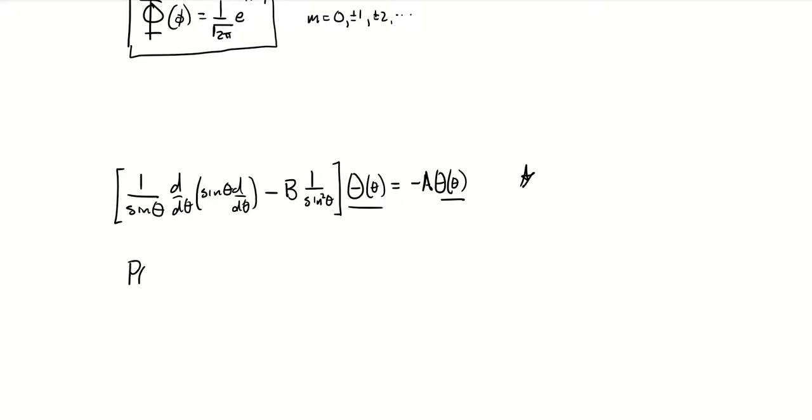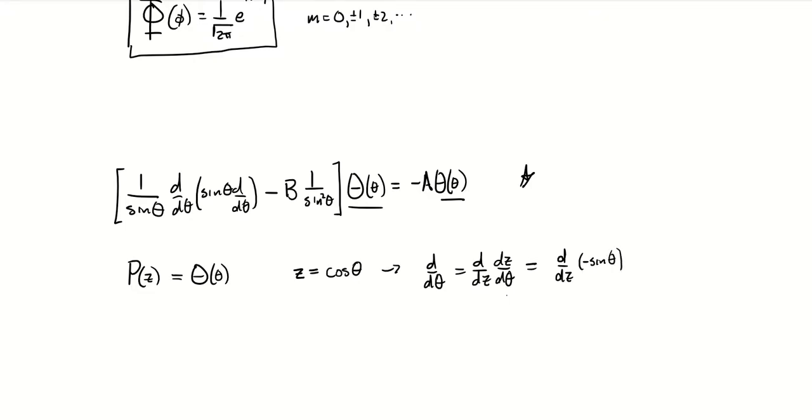We're going to create a differential equation of some function of z that's equal to that polar function, and we're going to make the substitution z is equal to cosine theta, which means d d theta is equal to dz d theta times d dz, and dz d theta is just going to be negative sine theta, right?